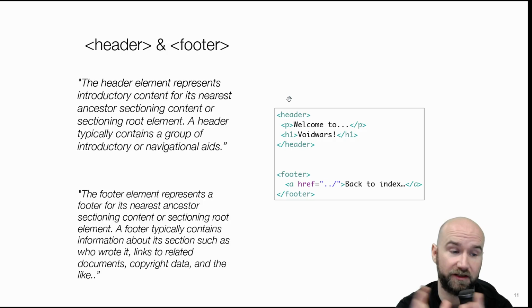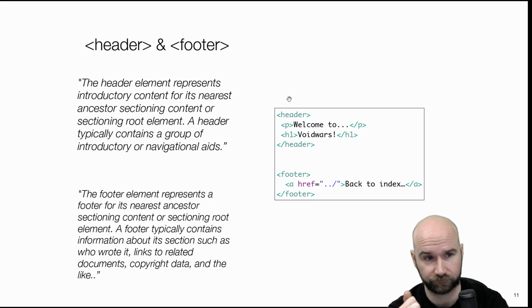A footer typically contains information about a section such as who wrote it, links to related documents and copyright data. You could have a footer on your main page, a direct child of the HTML tag. Typically you put them at the bottom of your page, but you don't have to. You probably should. But you could also have a footer within your articles.